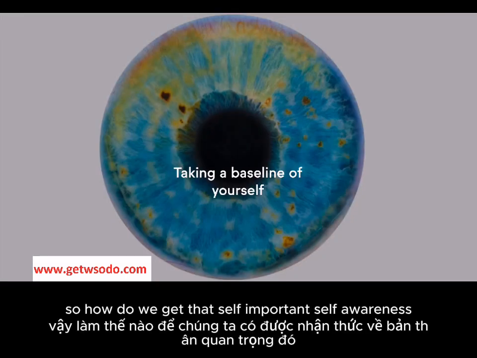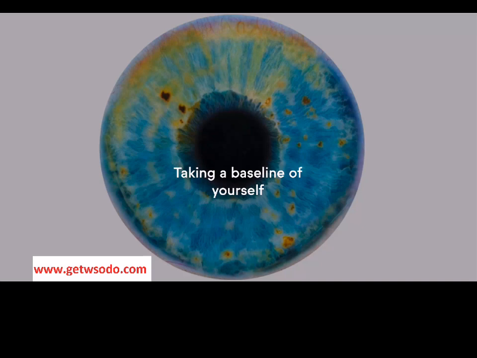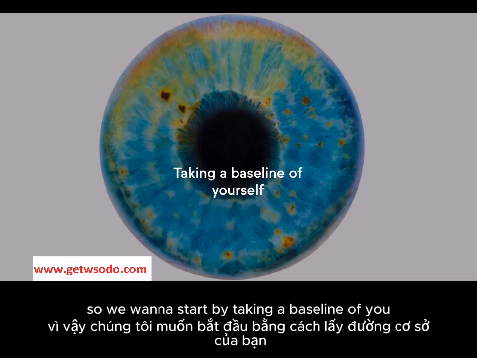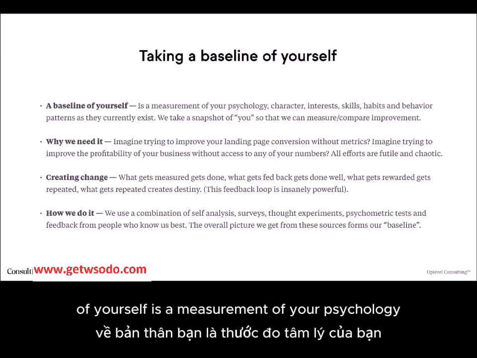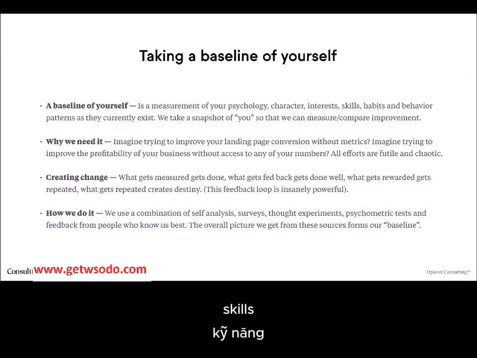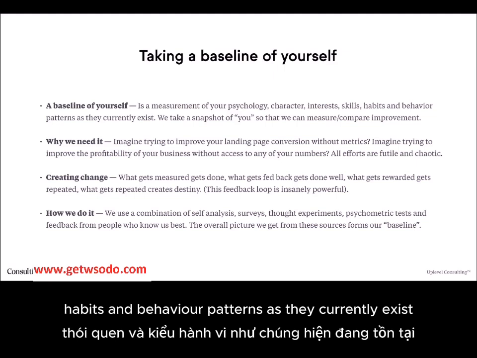So how do we get that self-awareness? We want to start by taking a baseline of yourself. And a baseline of yourself is a measurement of your psychology, character, interests, skills, habits, and behavior patterns as they currently exist.